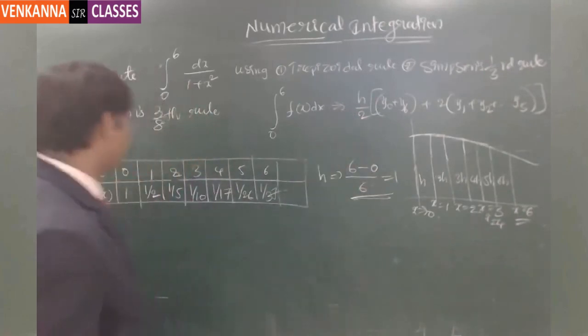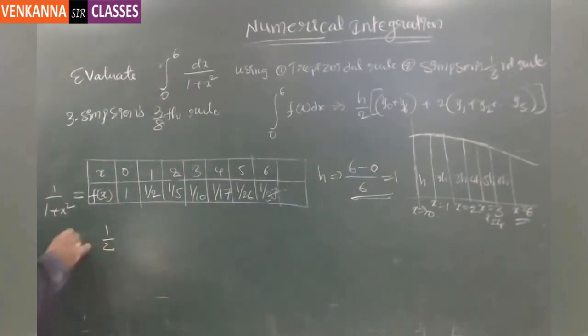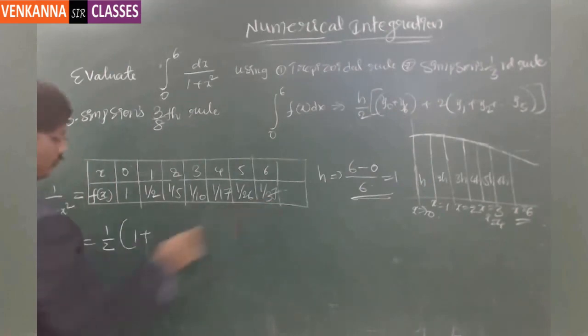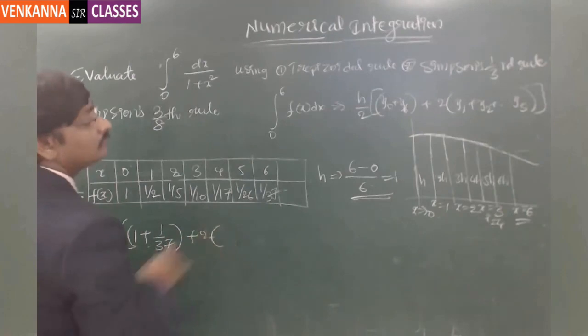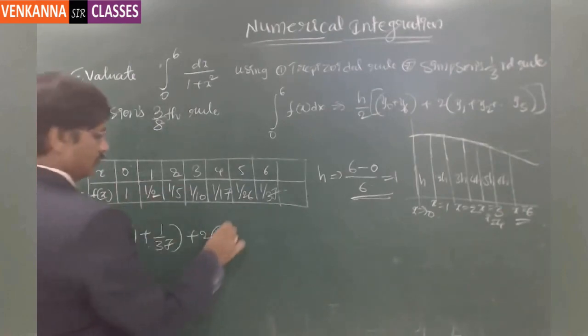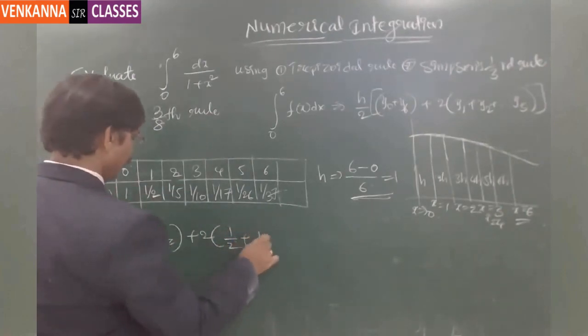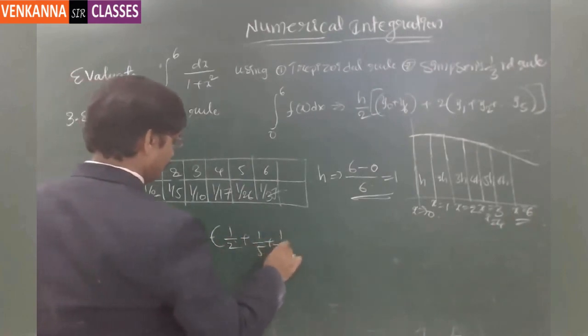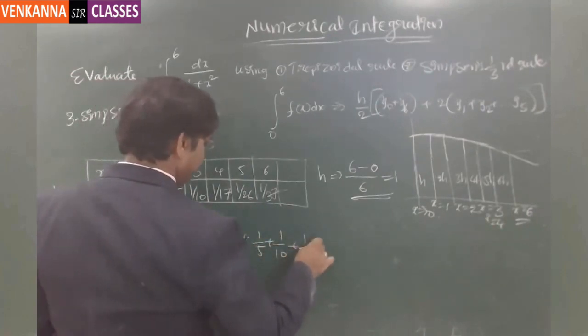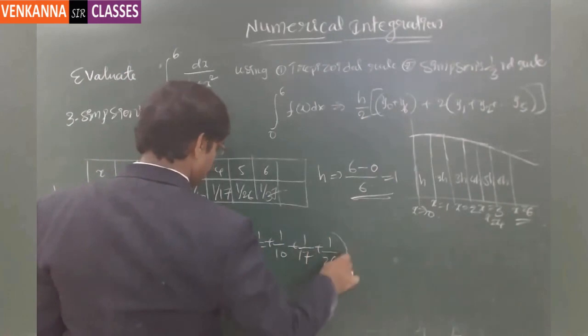Now you can replace it here. Then the area with trapezoid: h is 1, and 1 by 2 times y0 which is 1 plus y6 which is 1 by 37, and plus 2 times the rest of the values, 1 by 2 plus 1 by 5 plus 1 by 10 plus 1 by 17 plus 1 by 26. So these are the values.